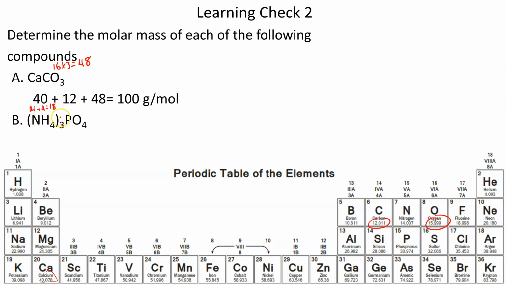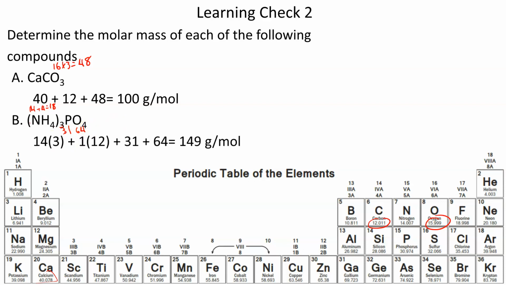You could also do 3 nitrogens, 12 hydrogens, and do that math that way. That's fine. Or you could combine them together and multiply them by the number outside. It's really up to whatever your preference is. Then you add 1 phosphorus, which is 31. And then you have oxygen, 16, and you have 4 of them, so that's 64. So you add all that together, you get your molar mass.